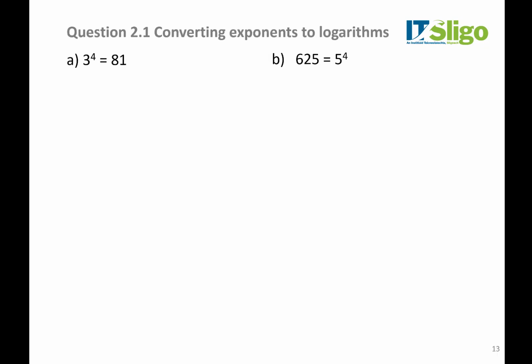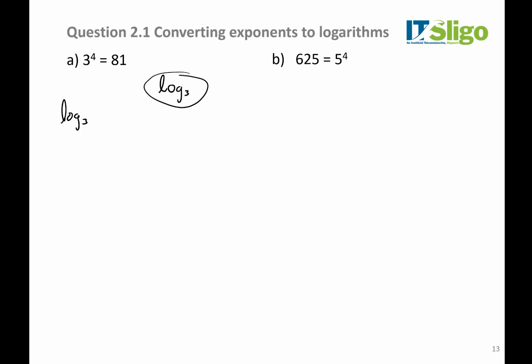So converting exponents into logs. Here we have our exponent. Now here's the base, guys. So straight away I know if I want to manipulate this equation, I'm going to have to remove that base. How I'm going to remove that base is by using a log with the same base and apply it to both sides.